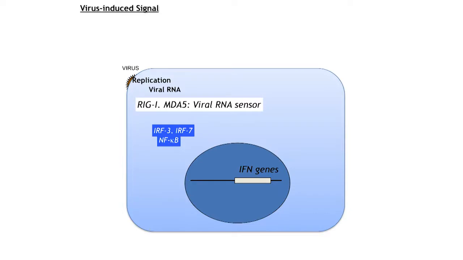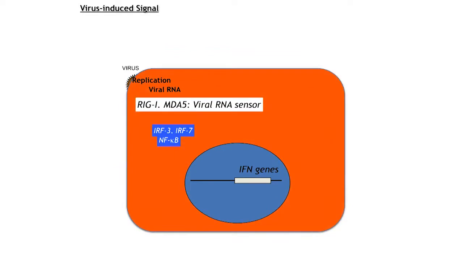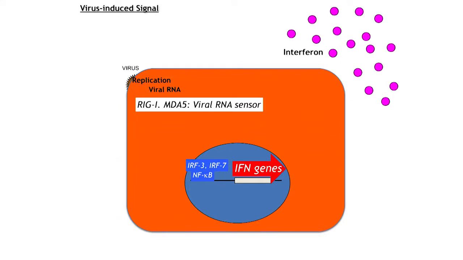This viral RNA is sensed by host sensors, RIG-I and MDA5, resulting in the activation of a cascade of events, including activation of transcription factors, IRF3, IRF7, and NF-kappa B. These factors activate interferon genes in the nucleus, and finally, interferon is secreted.